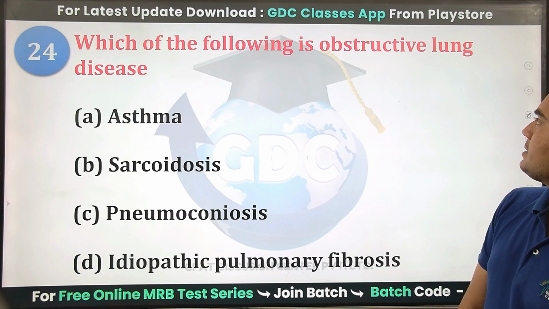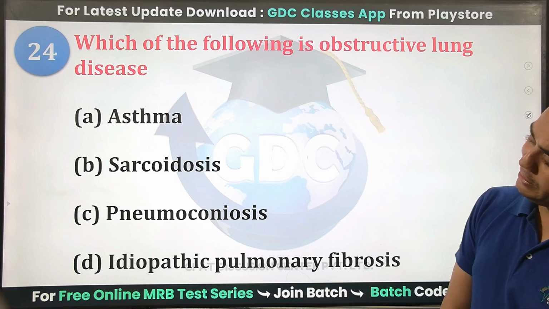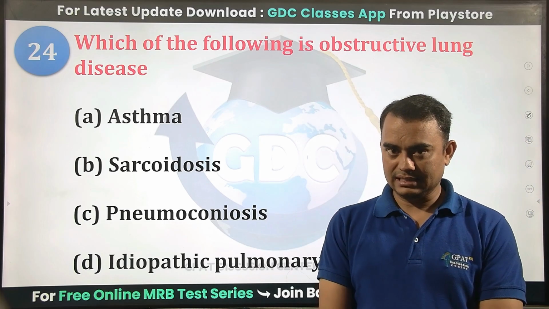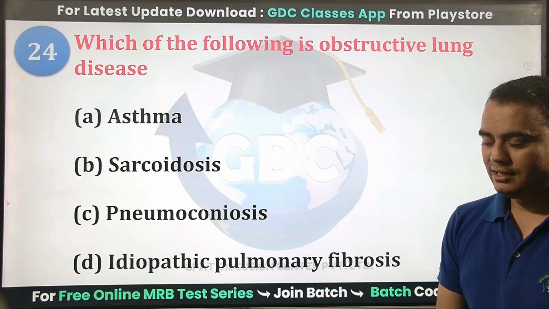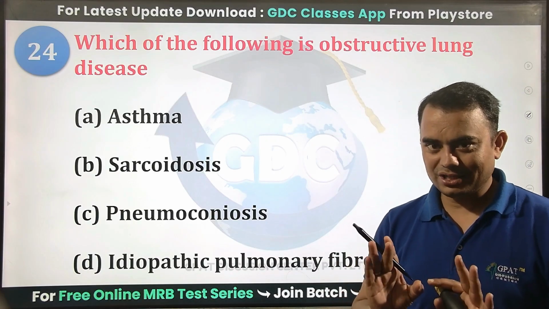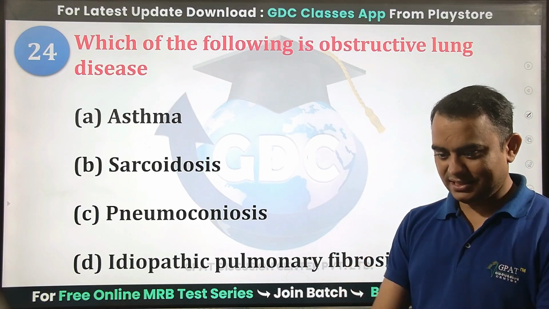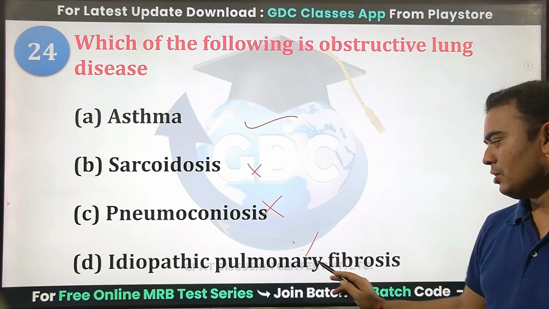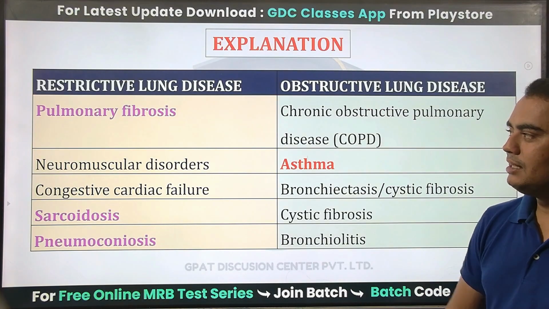Which of the following is an obstructive lung disease? Asthma, yes. In asthma, obstruction happens in the bronchi, so there is less oxygen supply. So the correct answer is asthma.